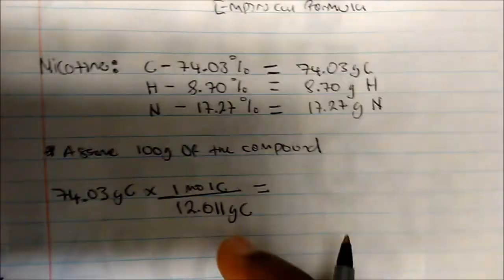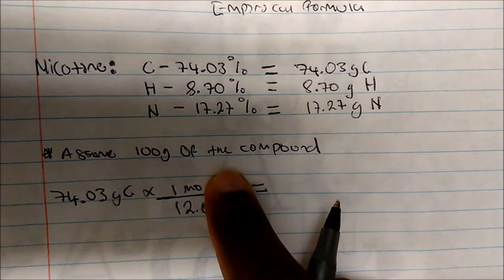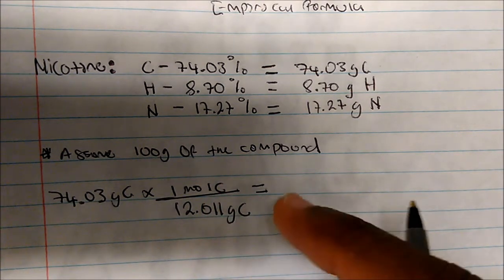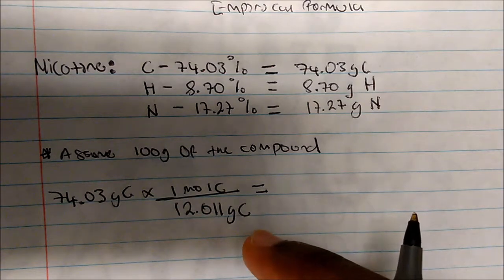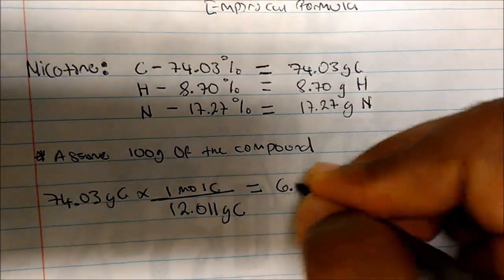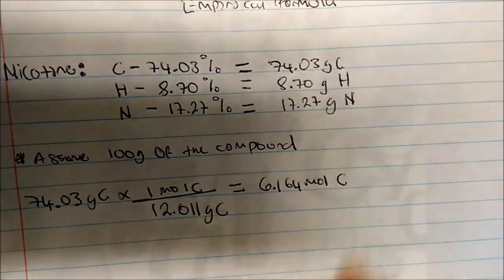Notice that grams of carbon cancel out to just give me moles. When I divide 74.03 by 12.011, I should get approximately 6.164 moles of carbon.